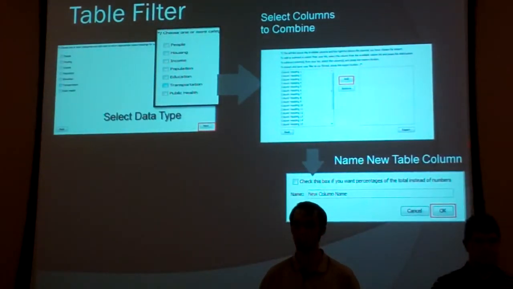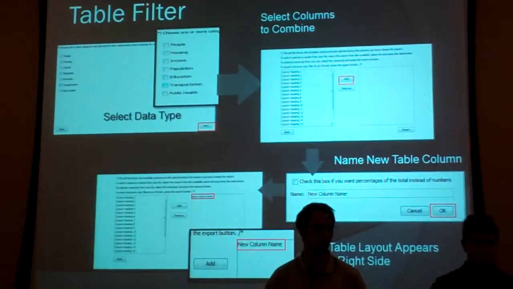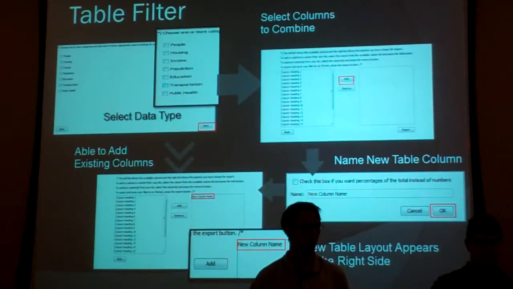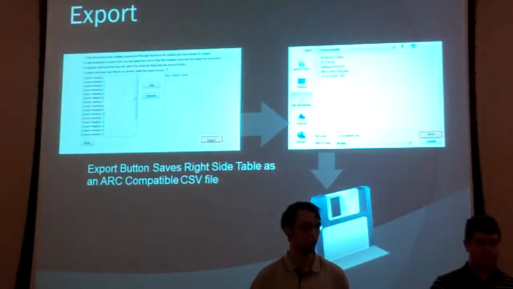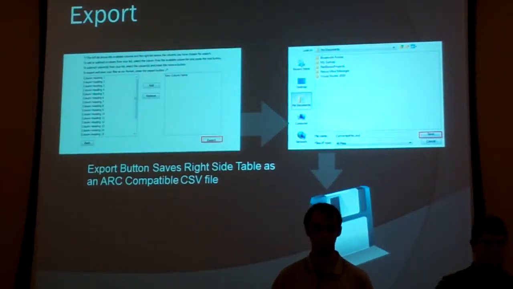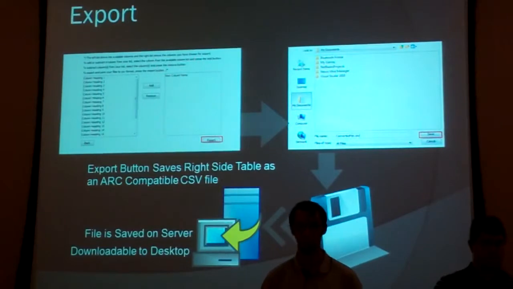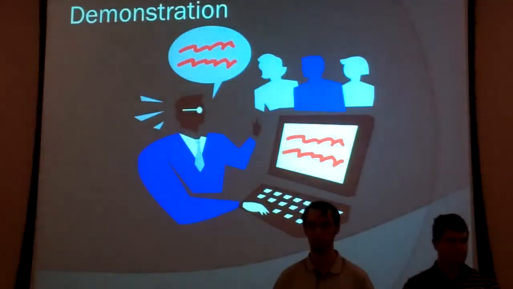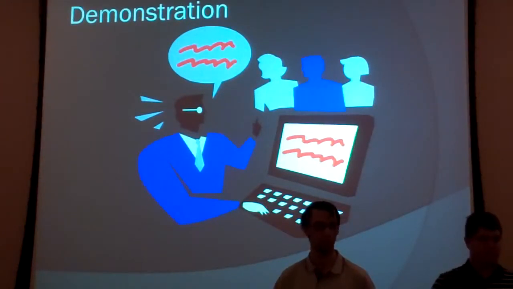You can also check if you want raw numbers or percentages, and then your new column appears and is ready to be exported. Then you export the file and save it to the server, and then download it to your desktop. And I'm going to present the demonstration we have for you as well.